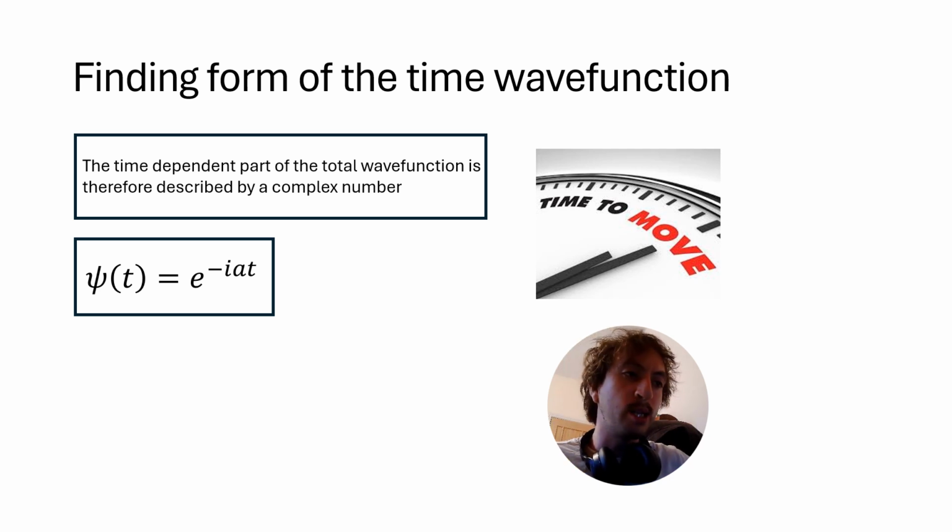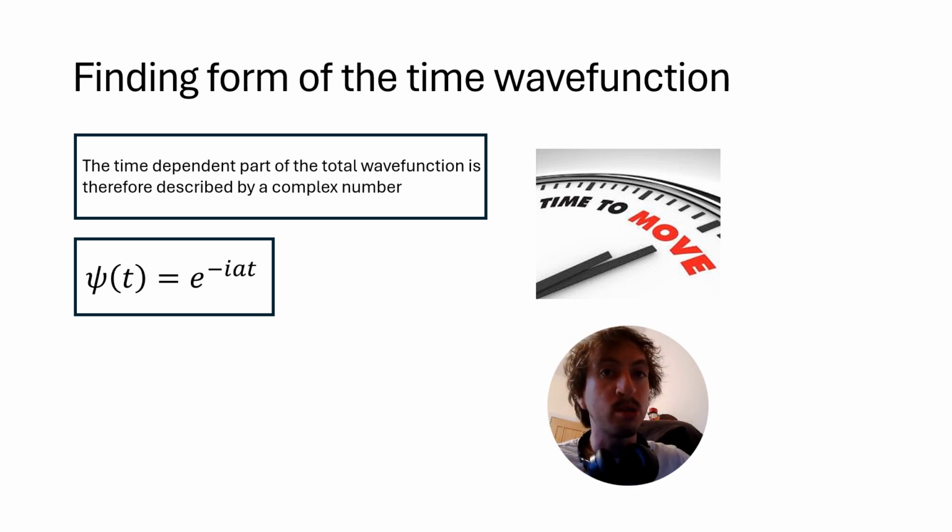But we're free to do that because that's also a unit complex number. A lot of the time it doesn't really matter; you can do it either way. We could say psi of t was equal to e to the i a t, where a is some parameter, or e to the minus i a t. But to avoid minus signs later on, we put a minus sign here for now.